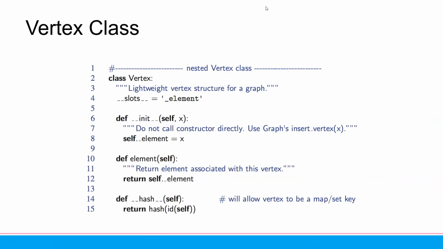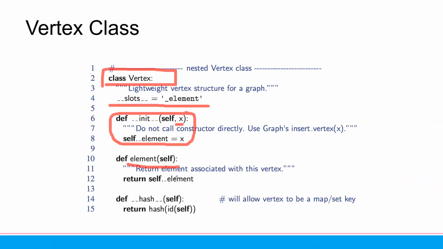So this is the class that the author proposed. We can make the class Vertex, and then we can determine what is the element of this vertex. If we construct the element, then we have the name of the element. And if we want to know the element, we just return the element.